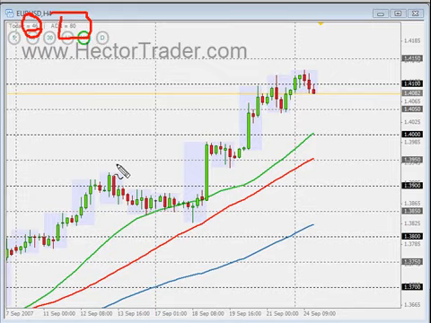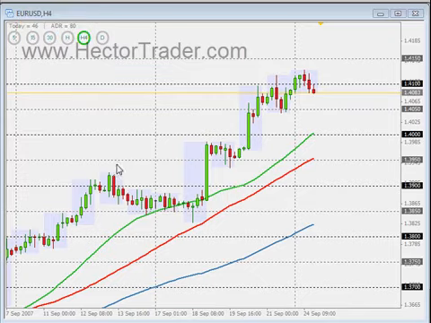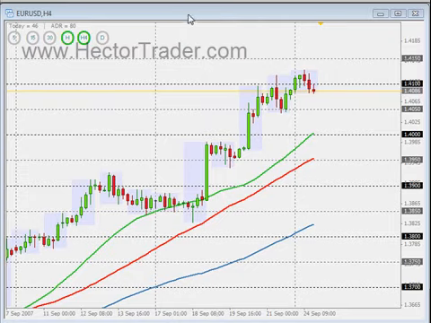That's about half of what the euro usually puts in. So today's been a very slow day, and not only on the euro. If you have a look at any cable, any sterling pound cross, you will see that they've hardly moved today compared to the average. Like I said, it's been a very slow Monday.